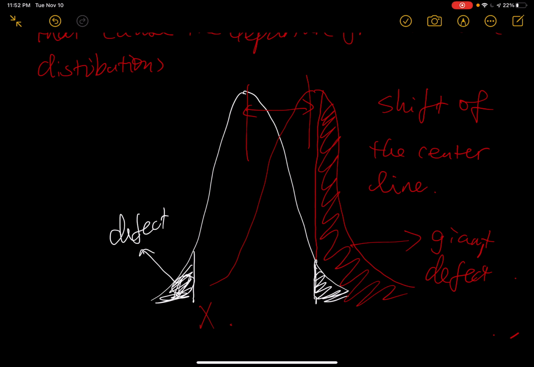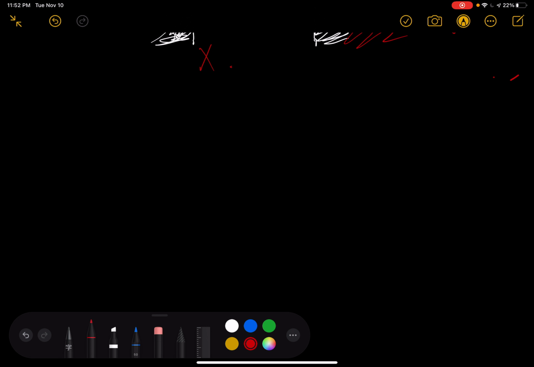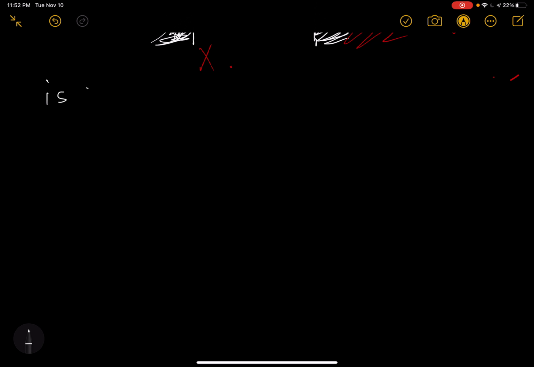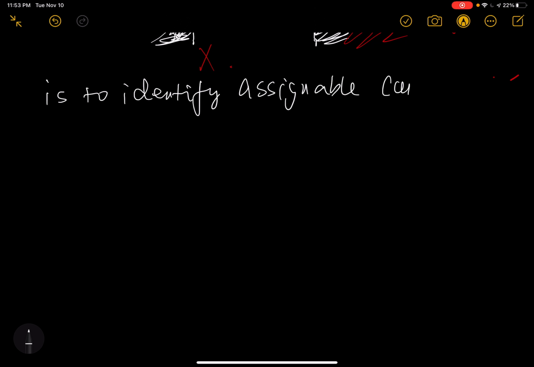There are many ways, but basically, does everybody still remember the objective? The objective is to identify the assignable causes, and using a signal system.